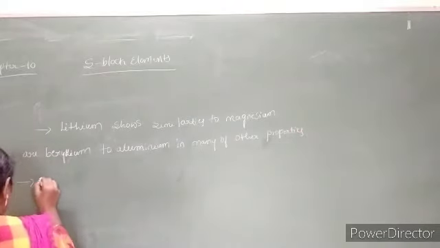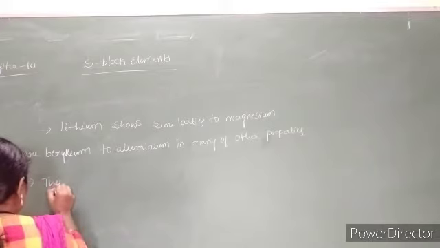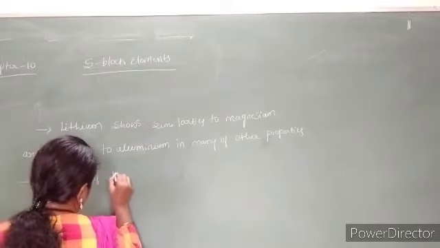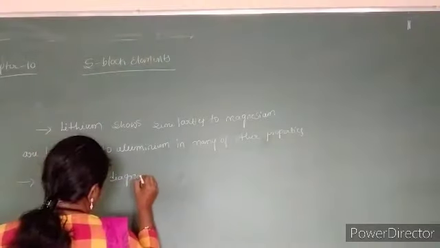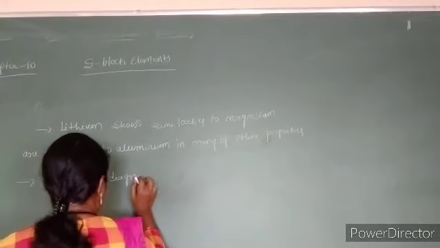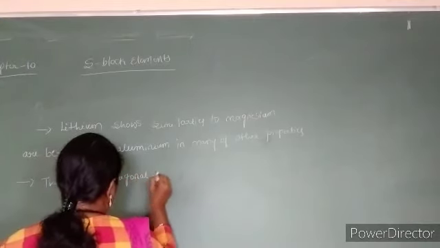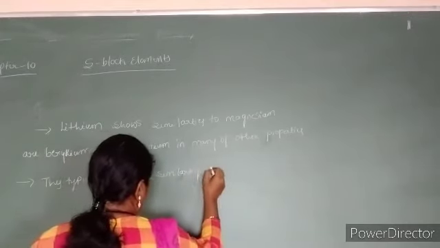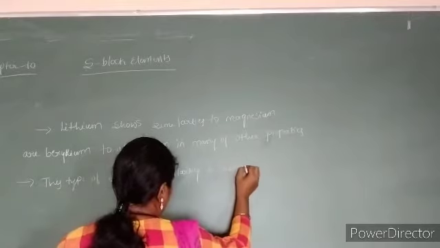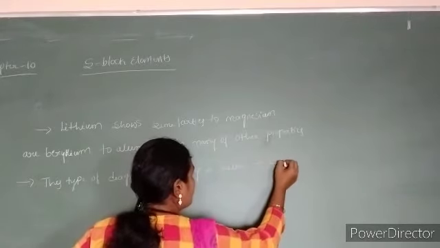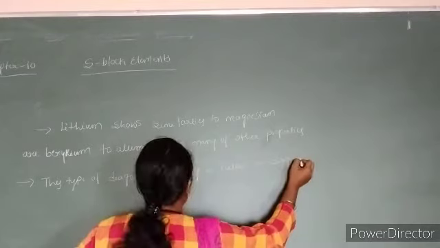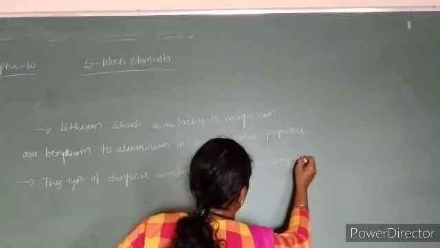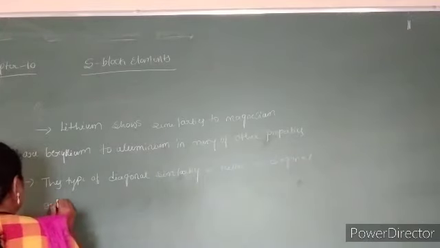This type of diagonal similarity is called a diagonal relationship.